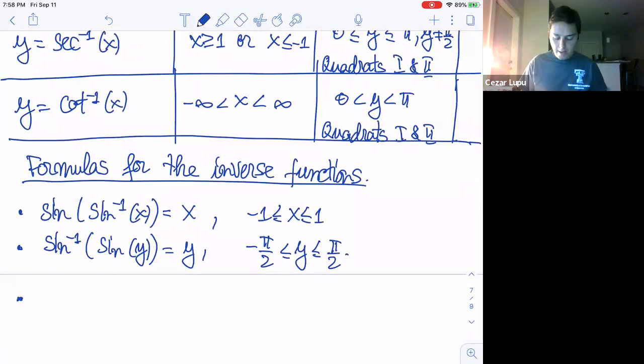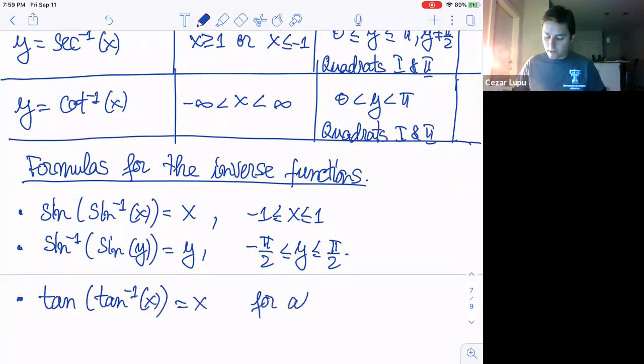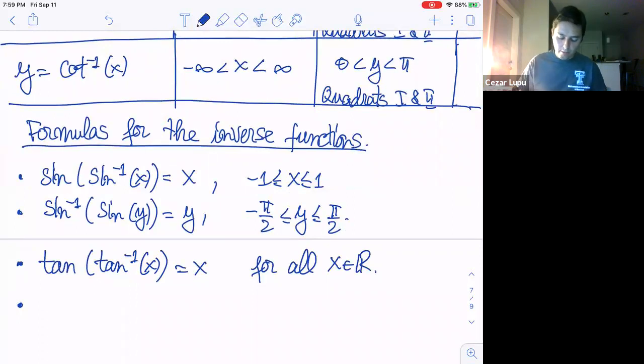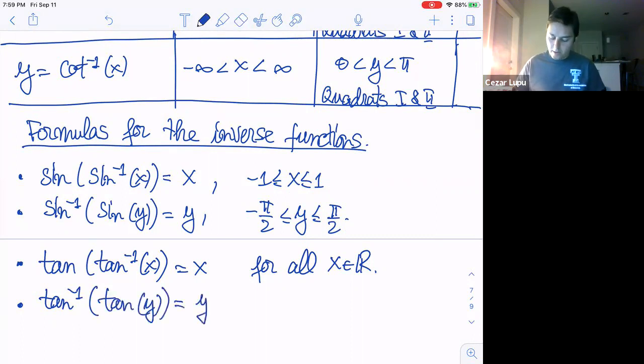And the same thing happens with the tangent. So tangent of the tangent inverse of x will be x. This happens for all real x. And if we want the other way around, if you want to see what tangent inverse of tangent of y is, this will be y, this time for all values of y between negative pi over 2 and pi over 2.